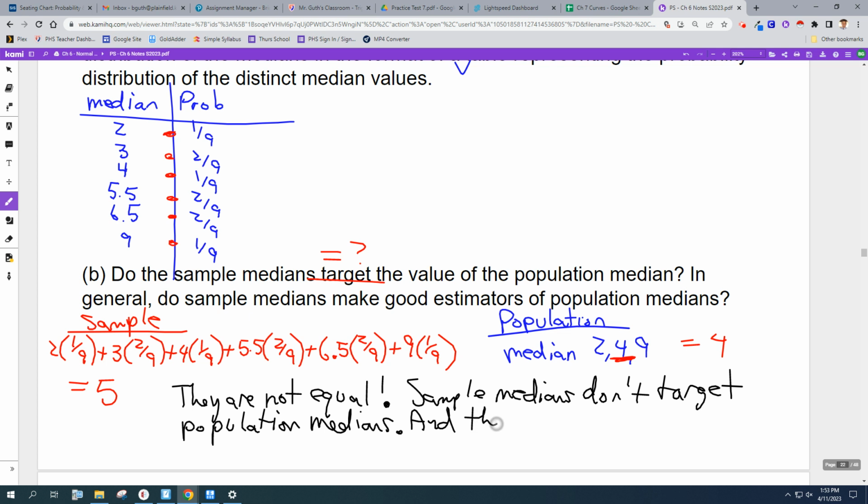And they don't make good estimators. Okay, that one felt a lot better than the first one, right?